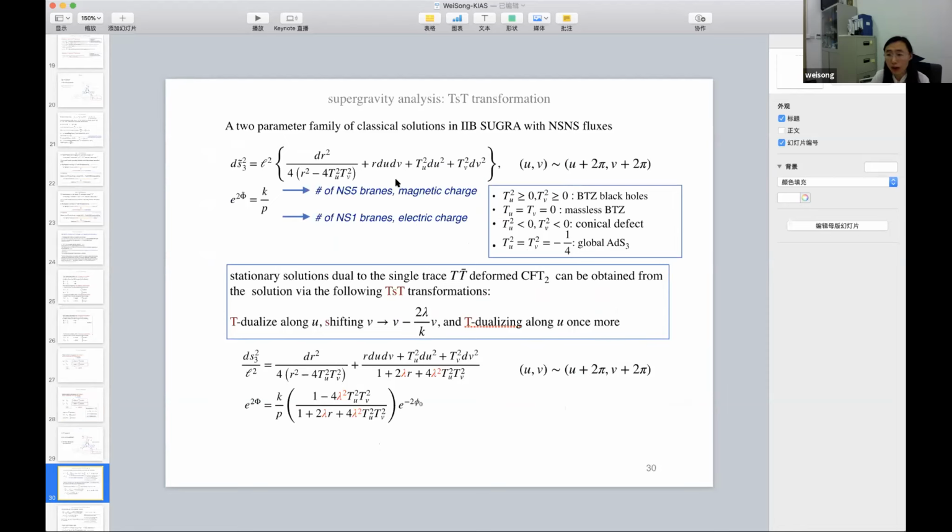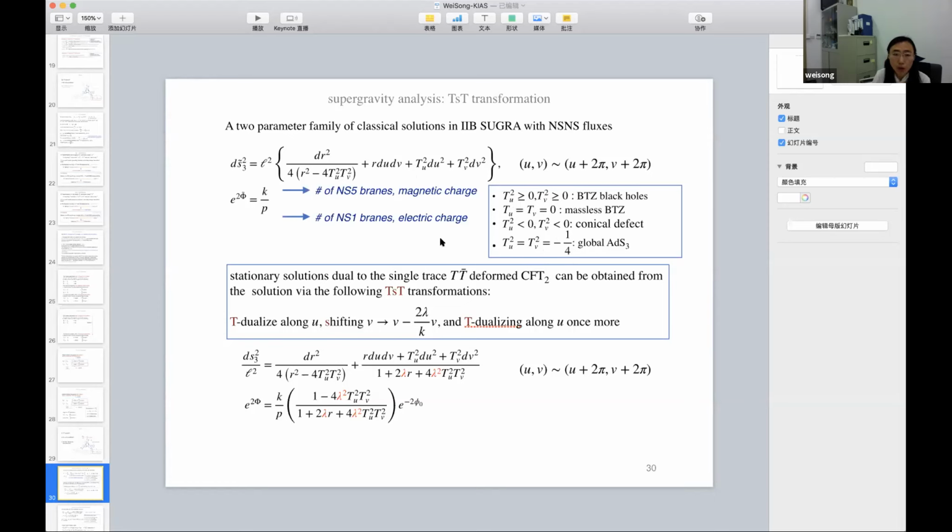These are all locally AdS solutions parameterized by two parameters Tu and Tv. When these are both real, they correspond to BTZ black holes. When they are 0, that's massless BTZ. And there are also conical defects when Tu, Tv are purely imaginary. And there is also a special value for these parameters so that the geometry is global AdS3.